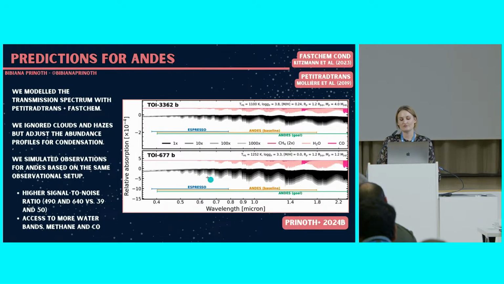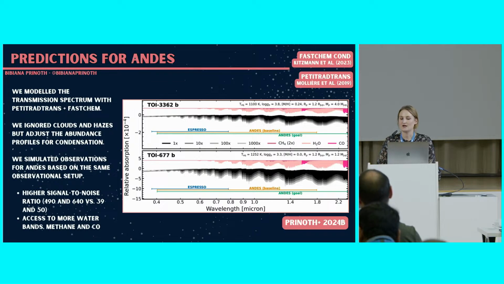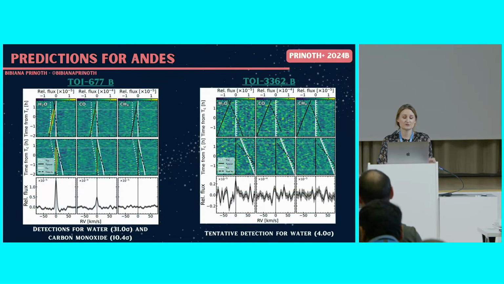But one thing you see from this plot, for example, is if you go to these longer wavelengths, you're probing deeper and deeper lines. You also get a very high signal to noise. I already talked about that for ANDES, and you also get access to more of these bands, and also particularly CO. Again, cutting to the chase, these are very optimal predictions. We did not include any tellurics.